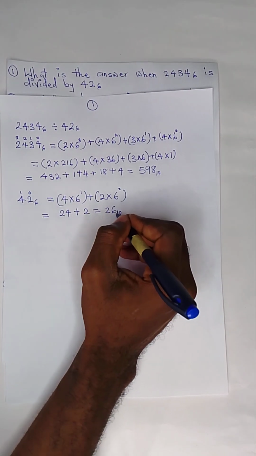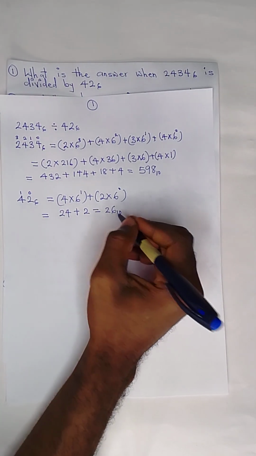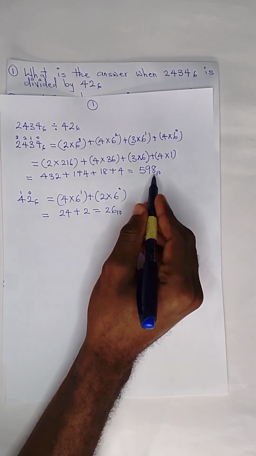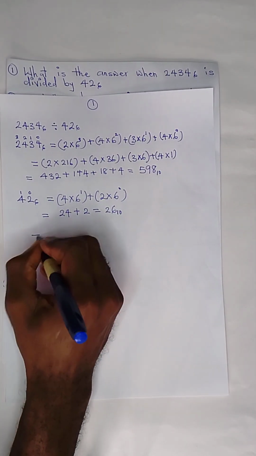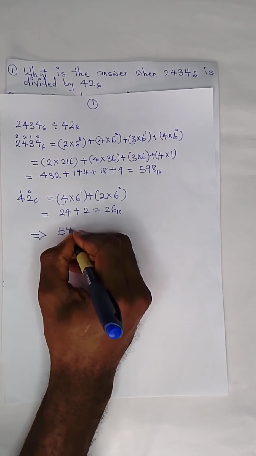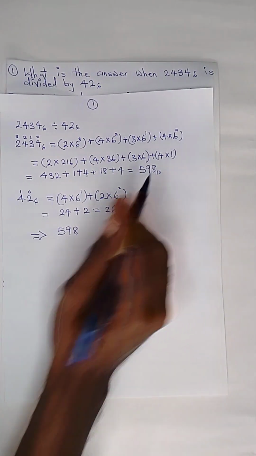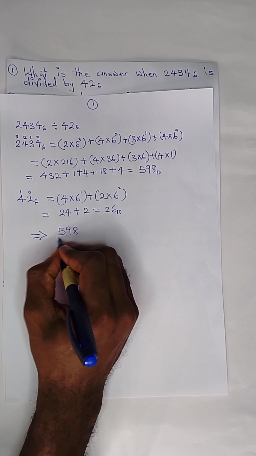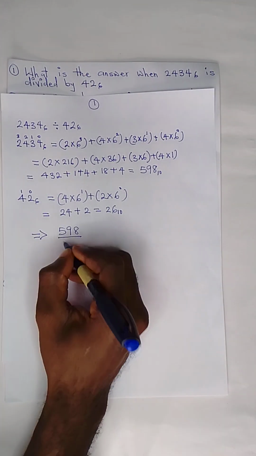You get that? So now you can divide this 598 base 10. Base 10 is the natural counting order, so you can just leave it in base 10. Divide it by 26.